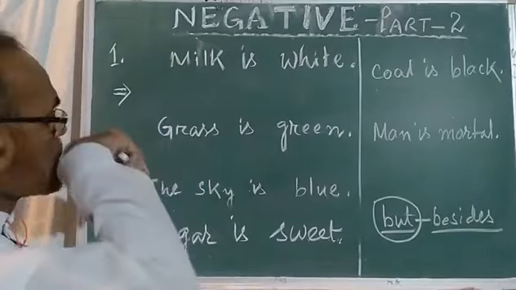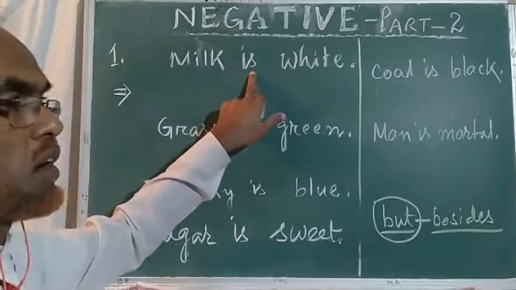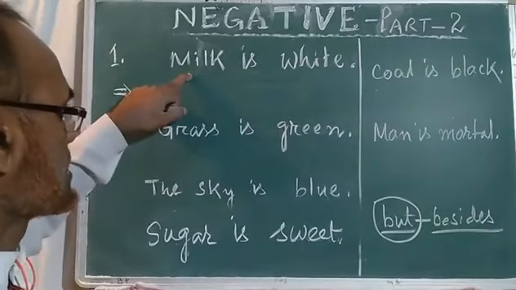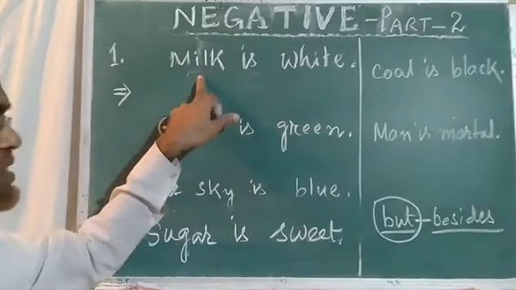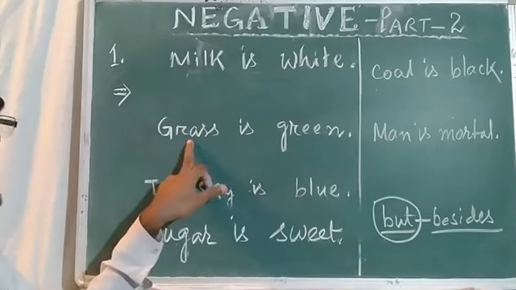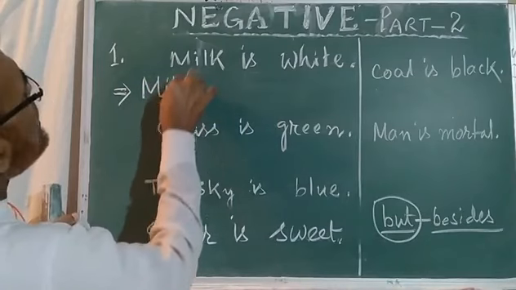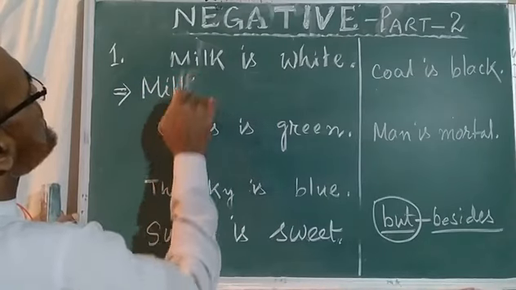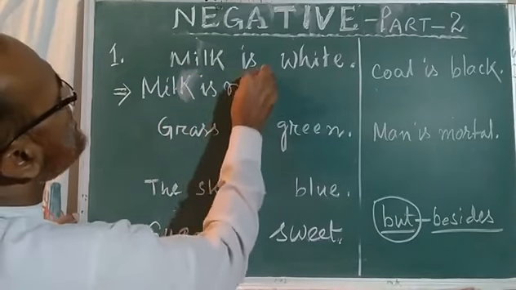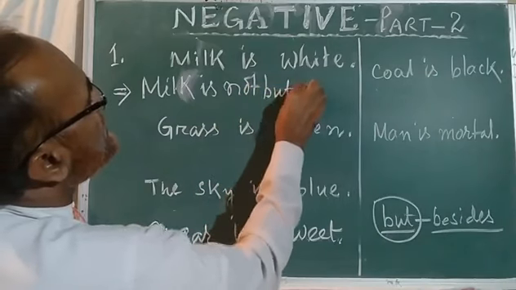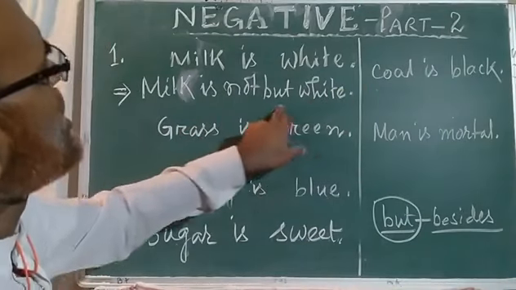That is, after the subject and before the auxiliary verb of this sentence, there is subject milk. In the first sentence, milk is white, milk is the subject, grass is green, grass is the subject. What shall we do then? We will add, milk is not but white. Milk is not but white.